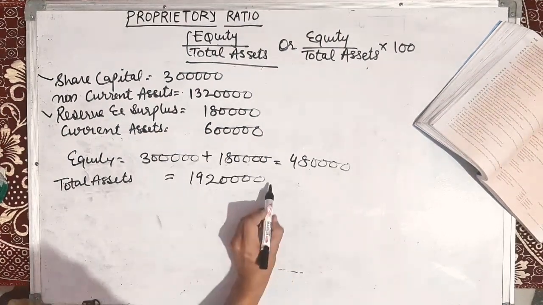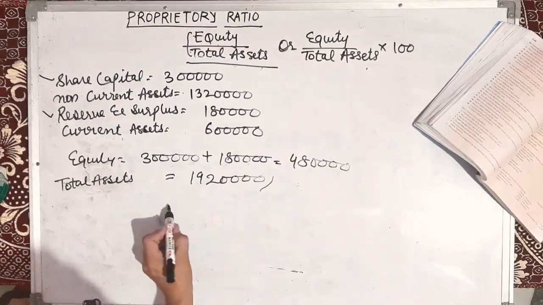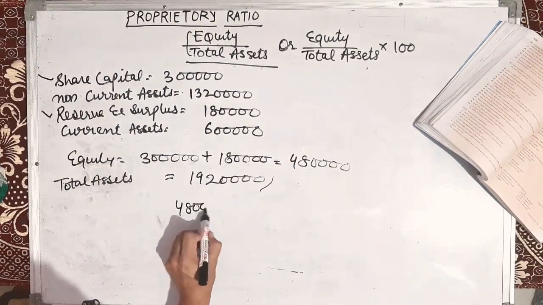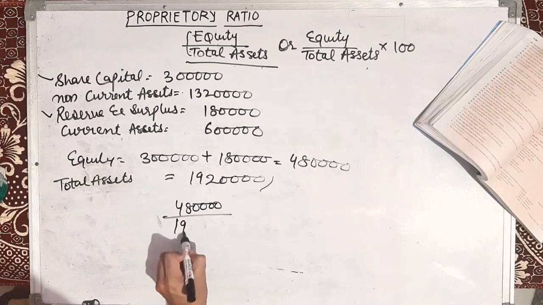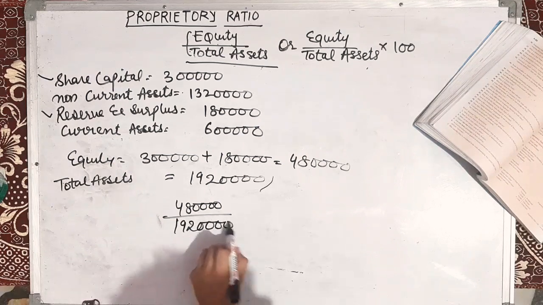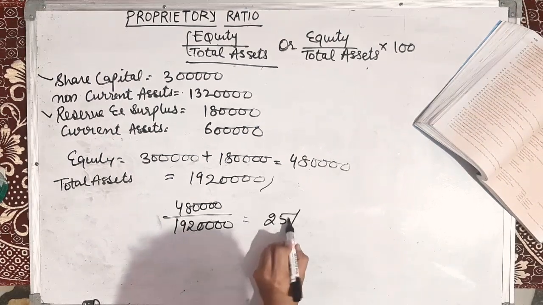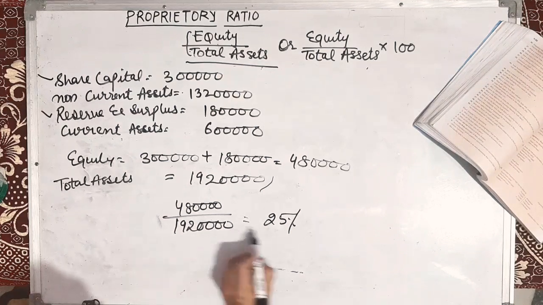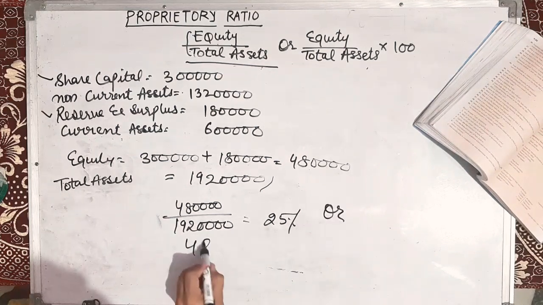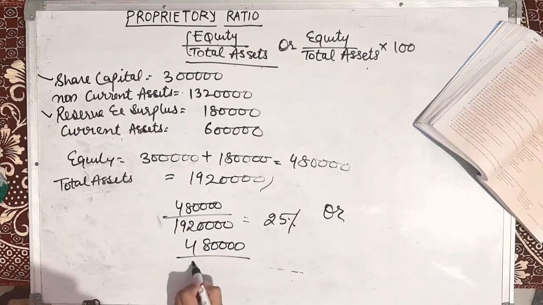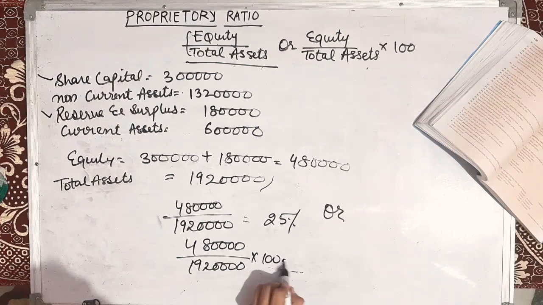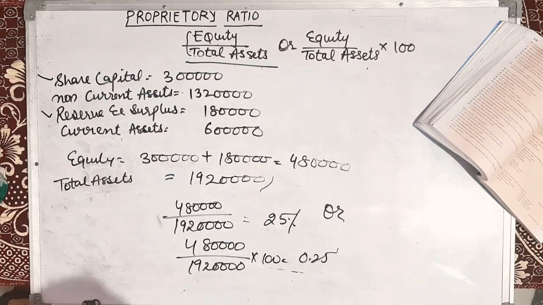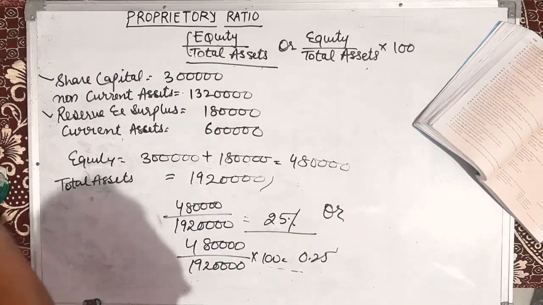When we put these figures into the formula, the answer will be 4,80,000 divided by 19,20,000, that is equal to 0.25, or into 100, that is equal to 25%. Okay, move to question number 54.